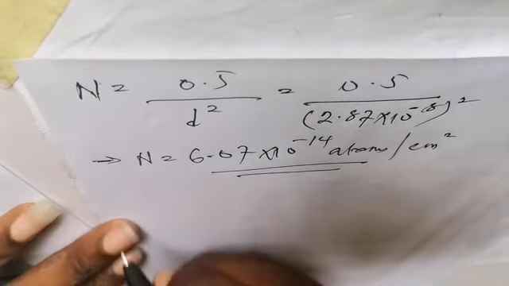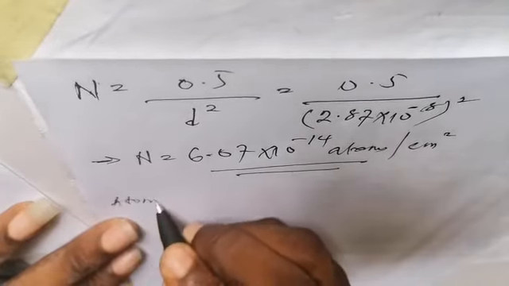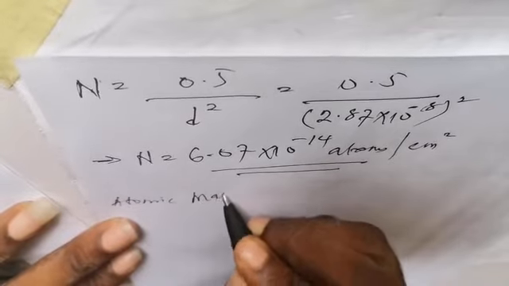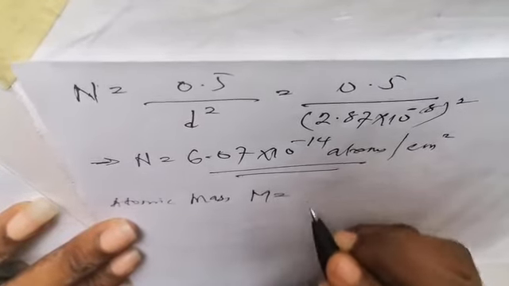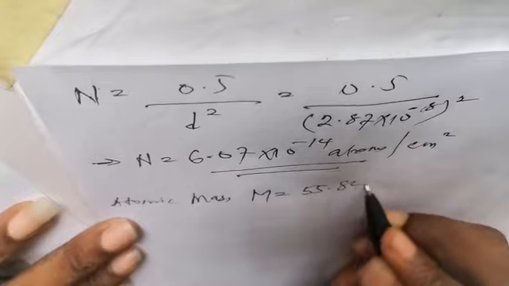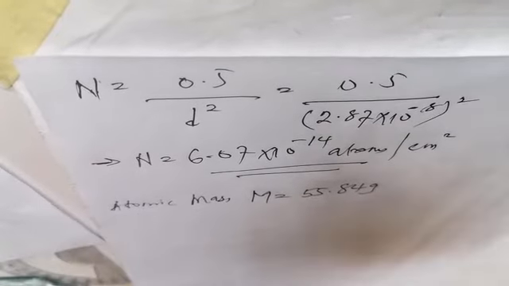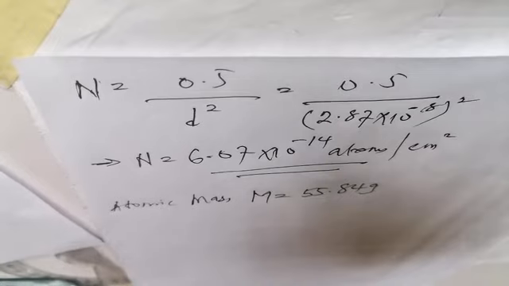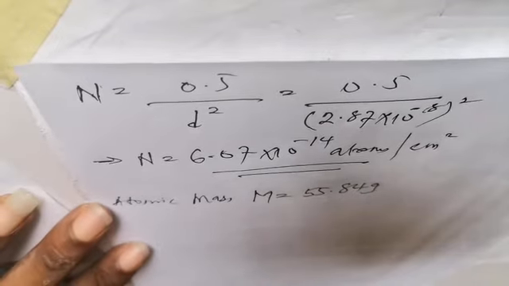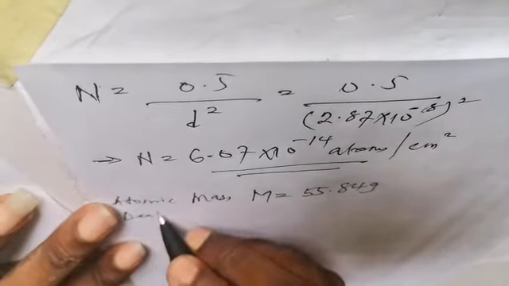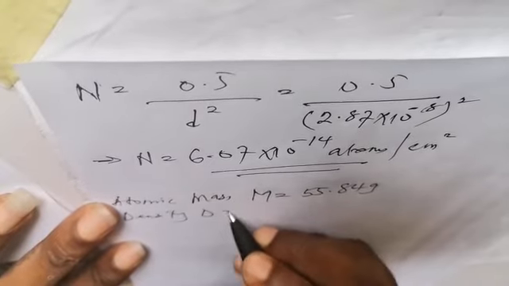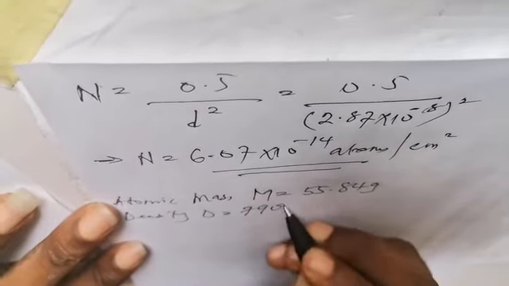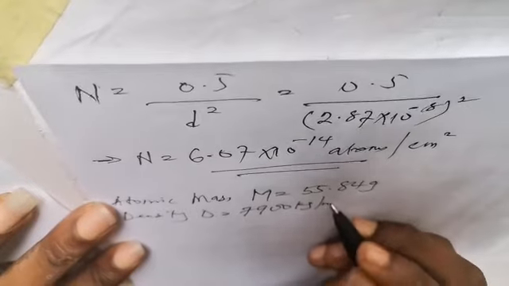So atomic mass, capital M, was given as 55.84, of course, in grams, with density of 7,900 kilogram per meter cube. So we're given density D to be equal to 7,900 kilogram per meter cube.